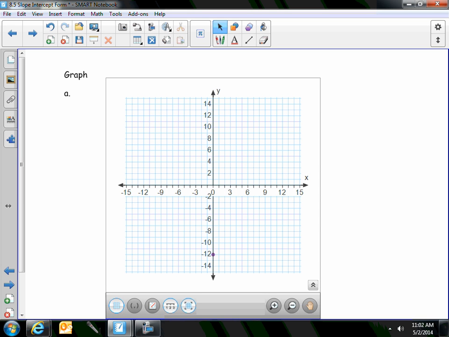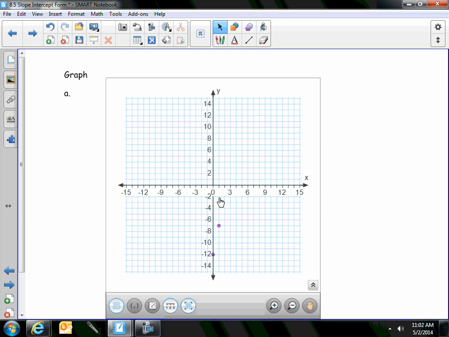So that means our rise is going to be a 5 and our run is going to be a 1. So from this point, I'm going to rise 5: 1, 2, 3, 4, 5. Run 1.